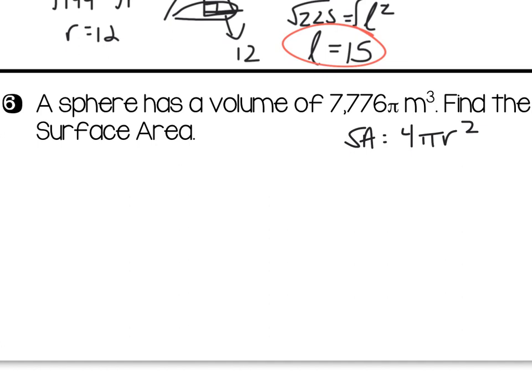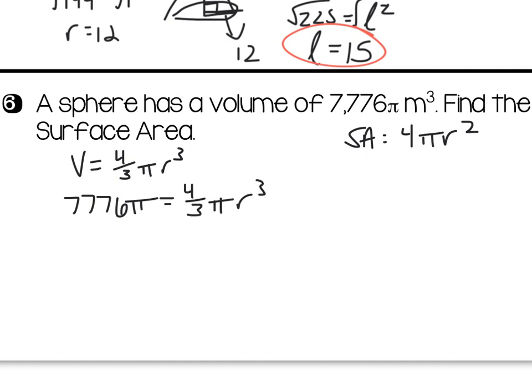We don't have our radius, so let's go back. Volume equals 4/3 pi r cubed. They give me it's a volume of 7776 pi equals 4/3 pi r cubed. Once again, pi on both sides.